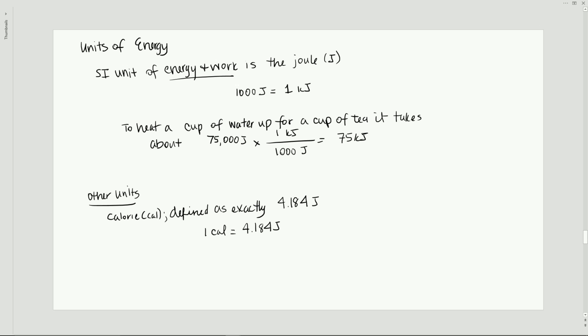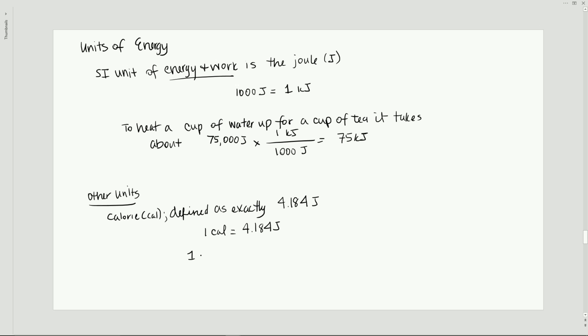Other units that are used for energy are things that you might be familiar with. Calories, abbreviated cal. A calorie is defined as exactly 4.184 joules. So 1 calorie equals 4.184 joules.